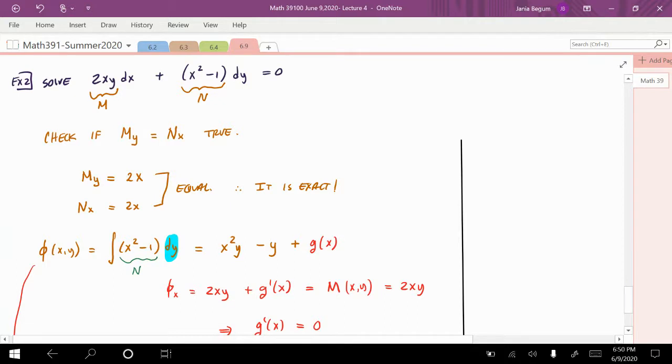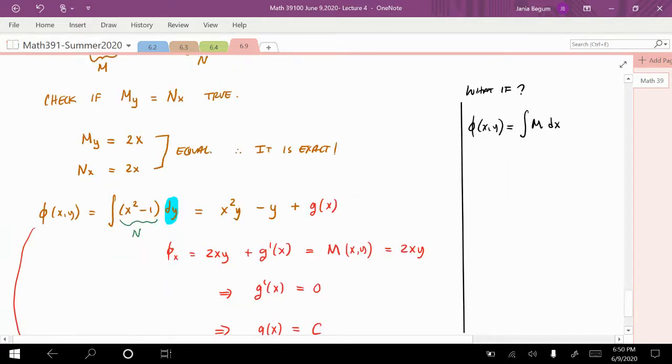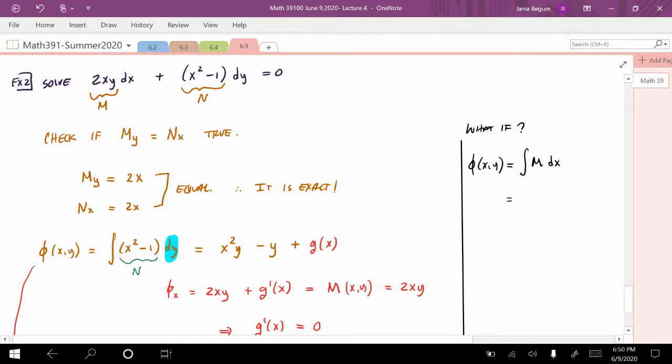Here's the second part. So what if, say, I'm going to find this function by integrating m instead of n, okay? So what is m? Well, m happens to be 2xy. So this is equal to the integral of 2xy dx. If I integrate this with respect to x, we get x squared y plus, because you integrated with respect to x, you're going to tag in a function of y, g of y, okay?